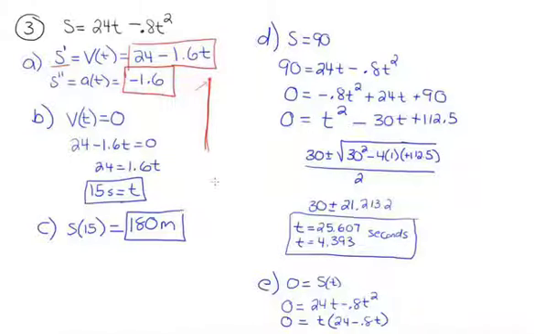Part D asks, when did the rock reach half of its highest point? And so I know that half of 180 is 90, and so what I want to know in this question is, when is position equal to 90? And so I set the position equation equal to 90, move the 90 over, because at this point I recognized I have a quadratic, and so I decided I would try and factor this.